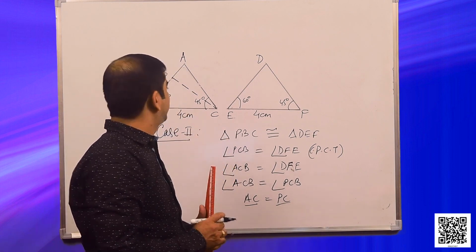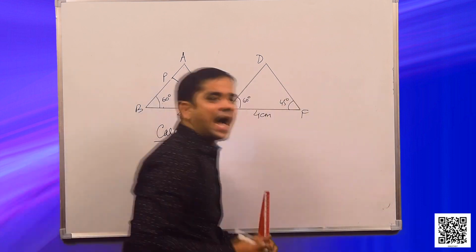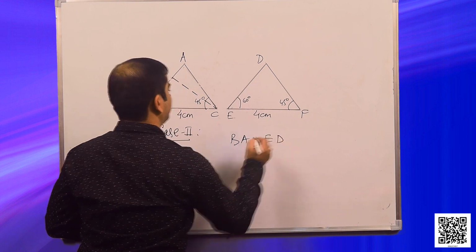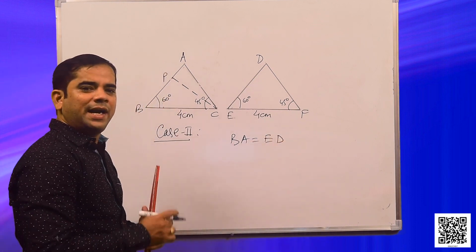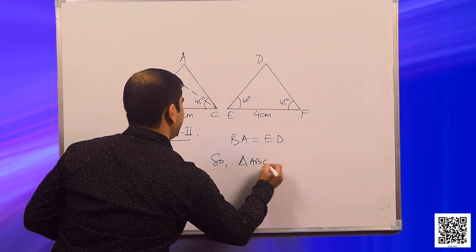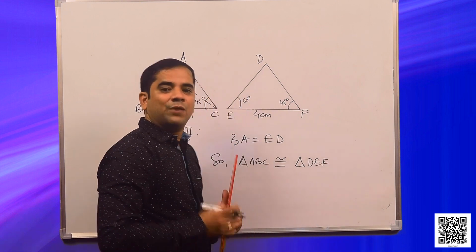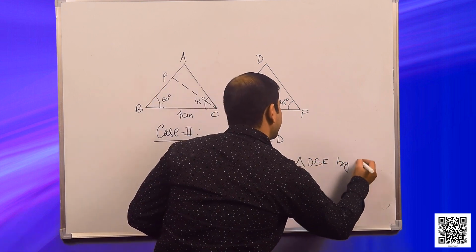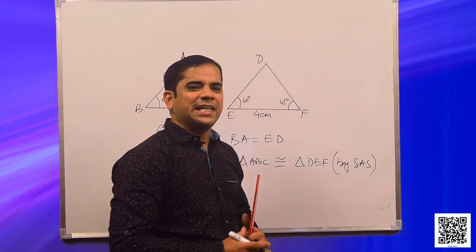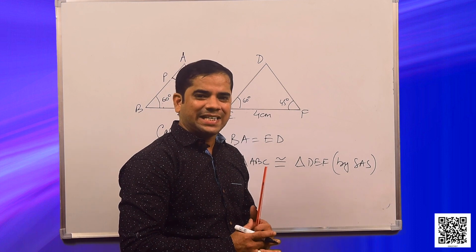As they coincide with each other, BA is equal to ED. So, we can now say that triangle ABC is congruent to triangle DEF. By which congruency? By SAS. In this way we can prove that these two triangles are congruent by using the SAS axiom for case 2.